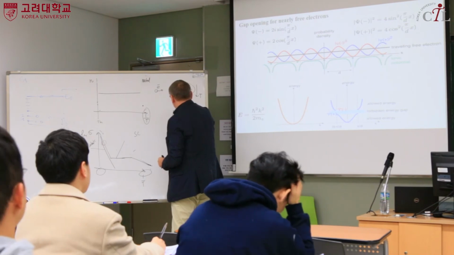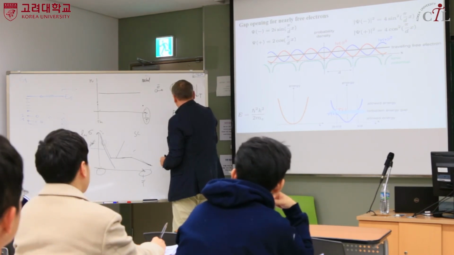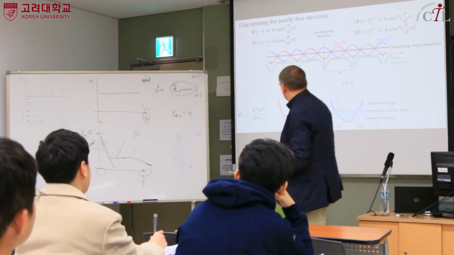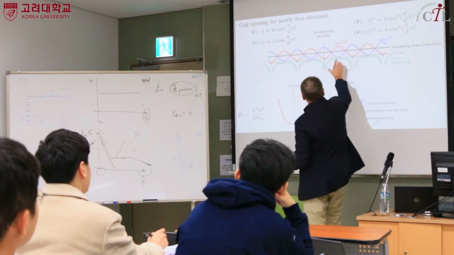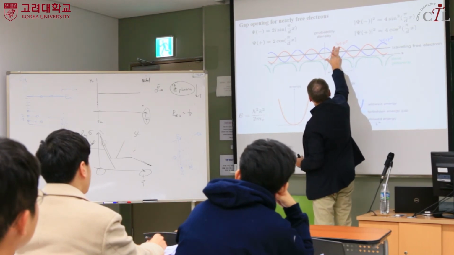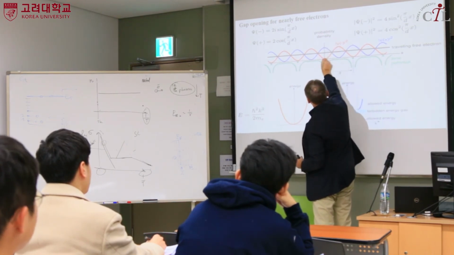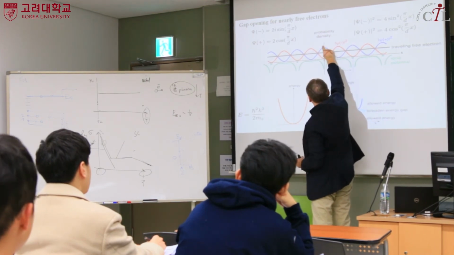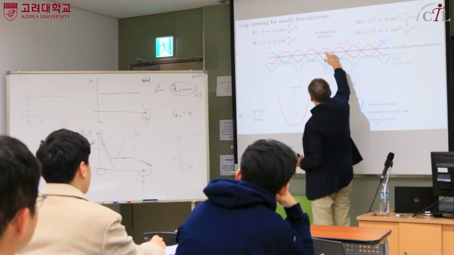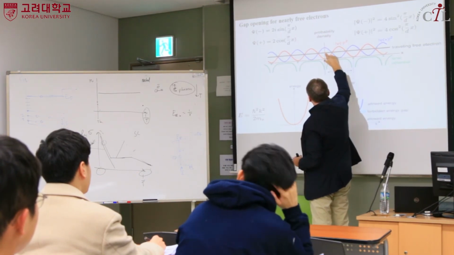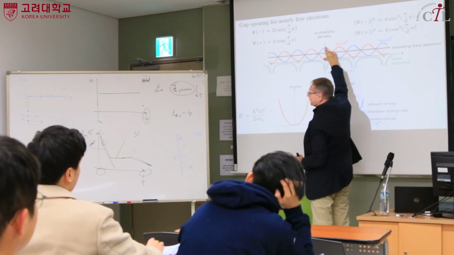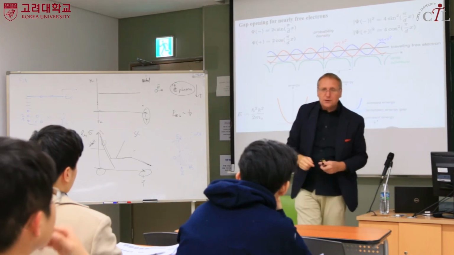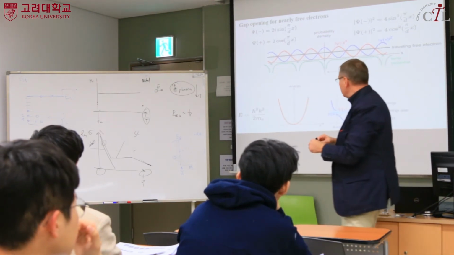Then here I have this big distance between charges. Here I have a very small distance. So it means that for this electron, I will have a huge interaction, but for this electron, I will have a small interaction, because they are positioned at two different places.